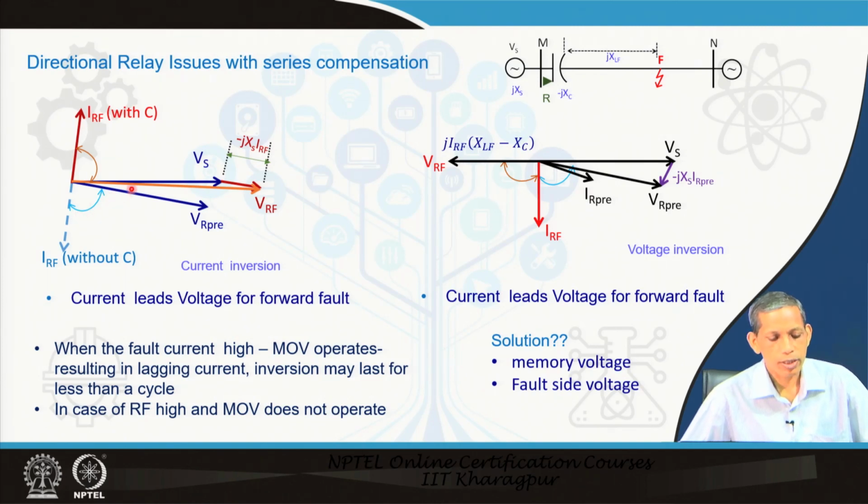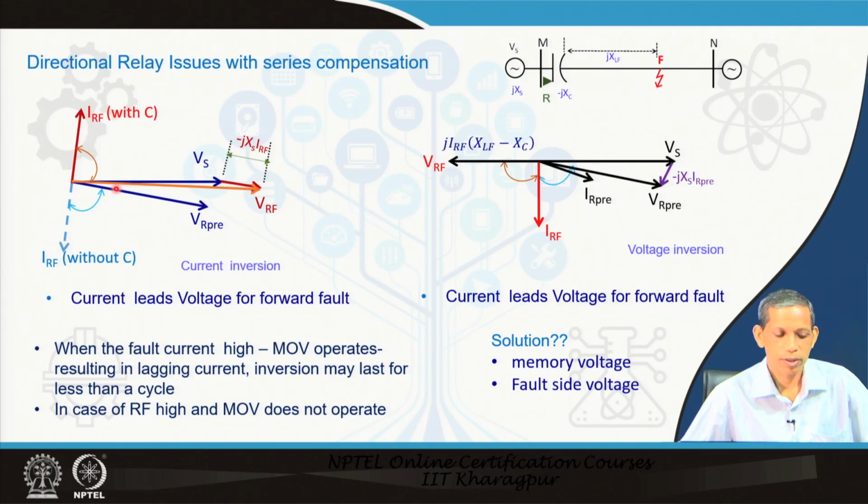Now, in the case with the capacitor, with respect to this relay voltage, the corresponding current becomes leading, but the fault is a forward fault. Therefore, this will create a problem for the directional relay based on phase components, based on the positive sequence component approach.